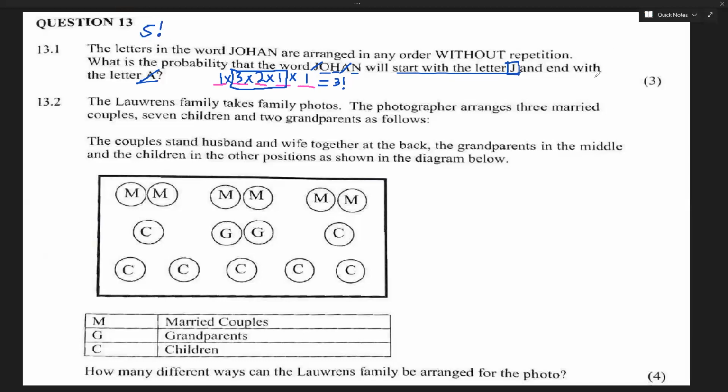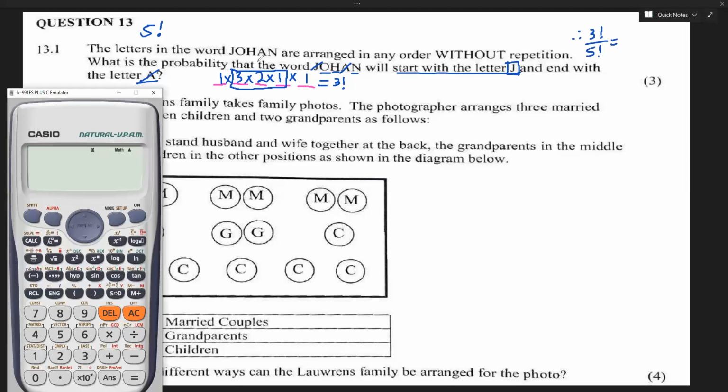So the answer will be, therefore, factorial 3 divided by factorial 5, which gives us, let's check on a calculator quickly, 3 shift factorial over 5 shift factorial gives us 1/20. So the probability will be 1/20. And then you're done with that question.